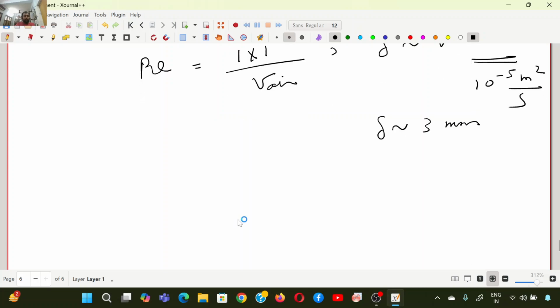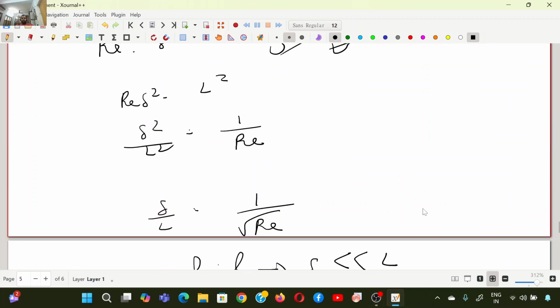And we already know that V by U goes as delta by L, so the V component of velocity will go as 3 millimeter per second, while the U component is 1 meter per second. Just go through this part once and see if you are convinced with the argument.